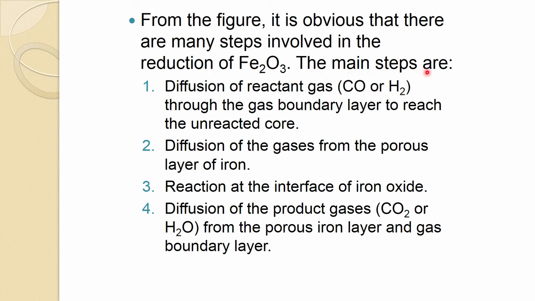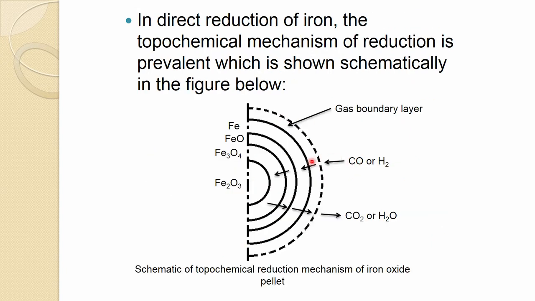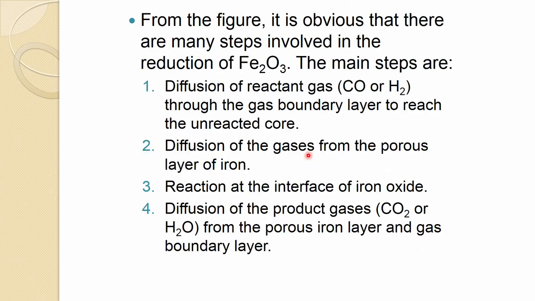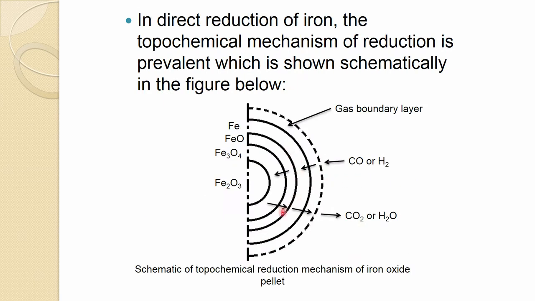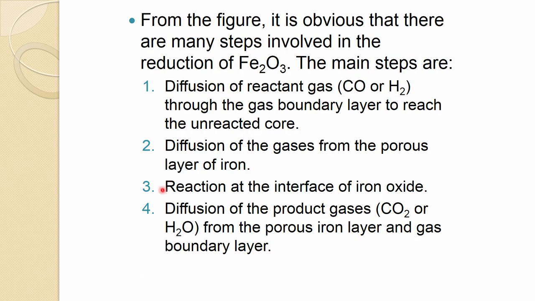The main steps are diffusion of reactant gas CO or hydrogen through the gas boundary layer to reach the unreacted core. As I said, diffusion of this to reach the unreacted core, diffusion of the gas through the porous layer of iron. So, that is the porous layer of iron, reaction at the interface of iron oxide.